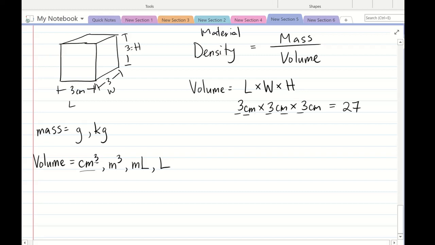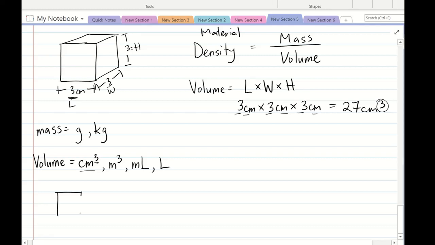We have 3 centimeters, 1, 2, and 3, so that gives us this right here. Now, this 3 has nothing to do with the fact that the distance is 3.